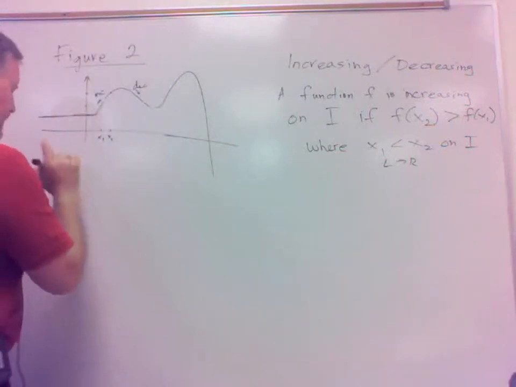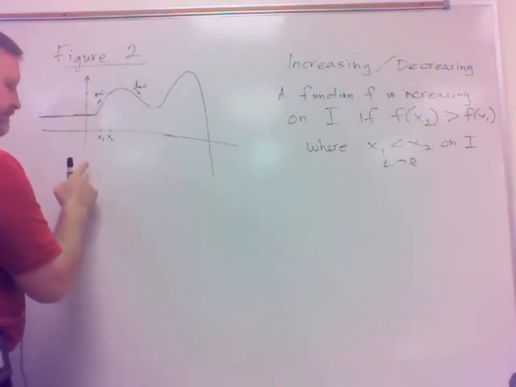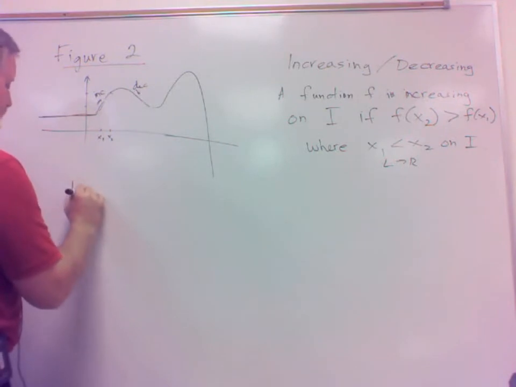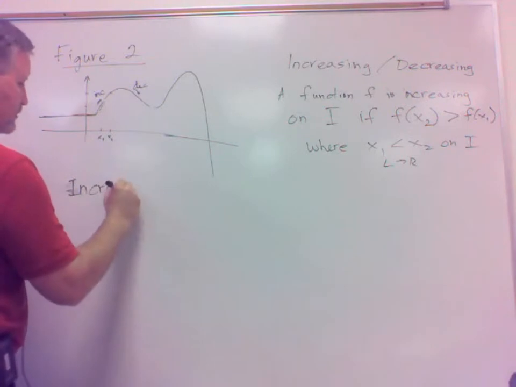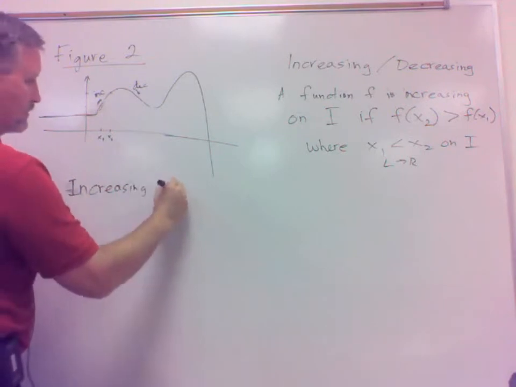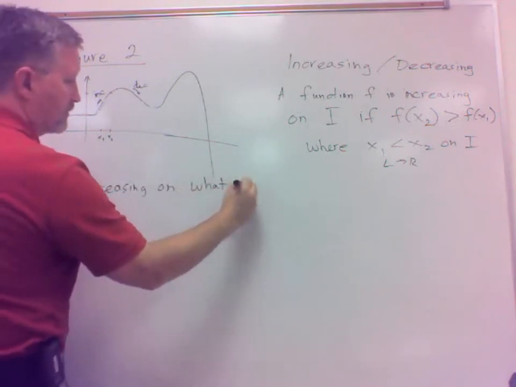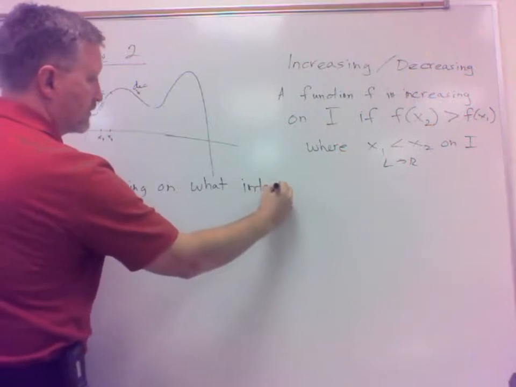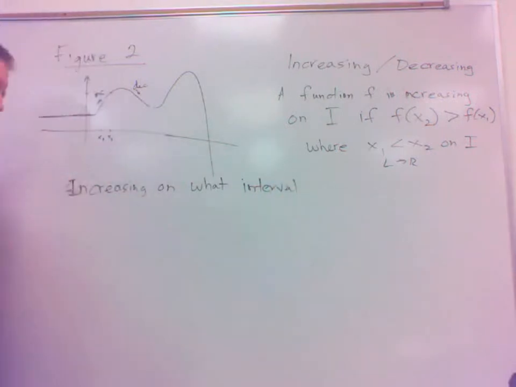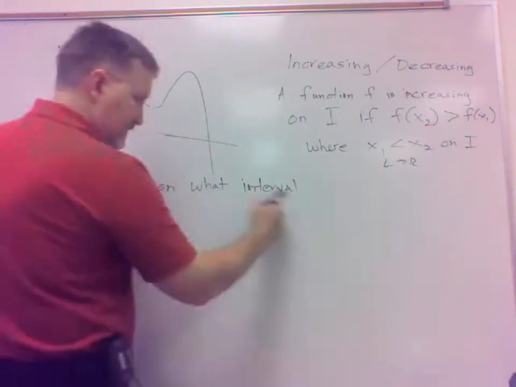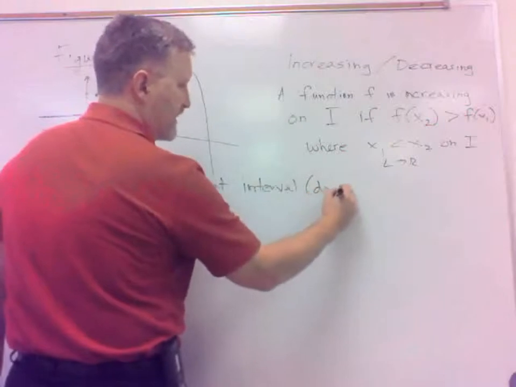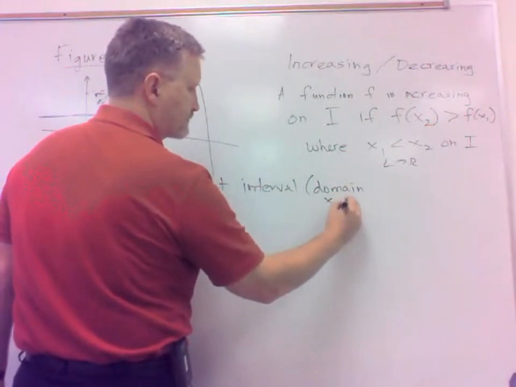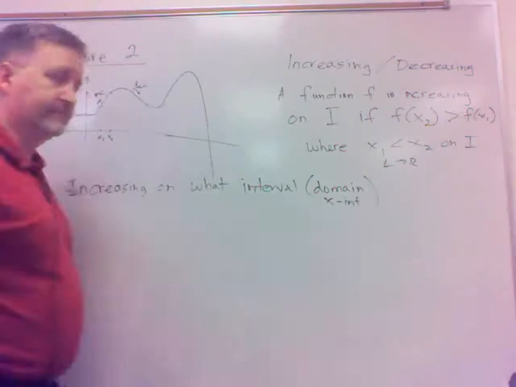We put this in terms of domain intervals. It may say give the interval for which, and the interval we're talking about is the domain interval, the x interval. Okay? Be aware of that.